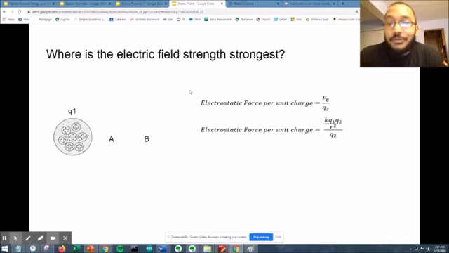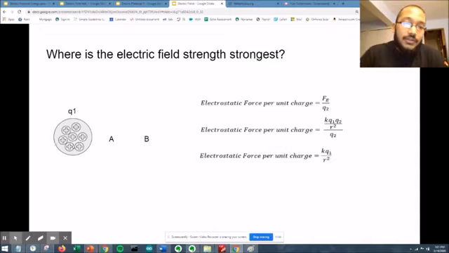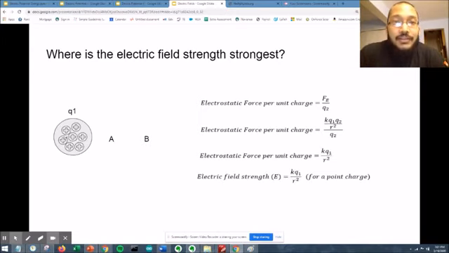So we're going to put in Coulomb's law there, k Q1 Q2 over r squared, where Q1 is this source charge over here. What I'm getting is essentially the electric field strength for a point charge. Q1, I'm treating like a point charge. So yeah, it is A, it's stronger.